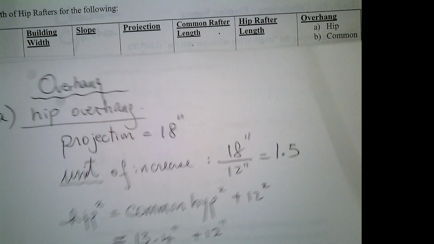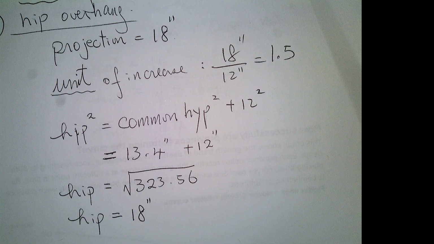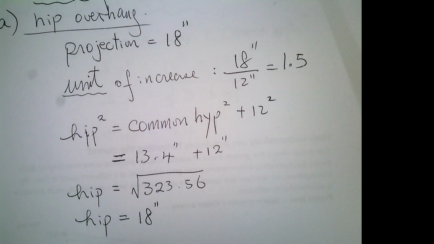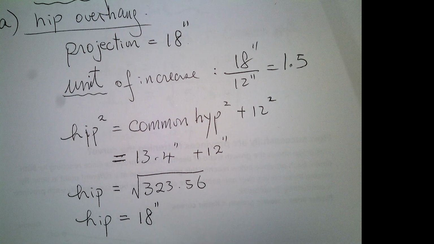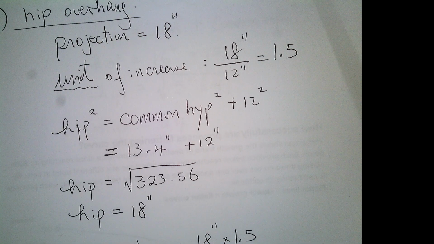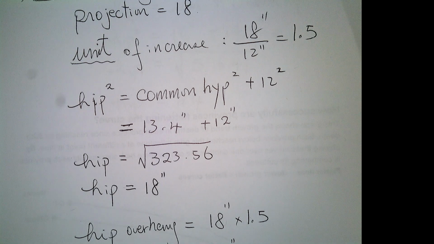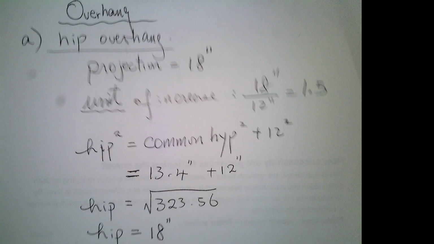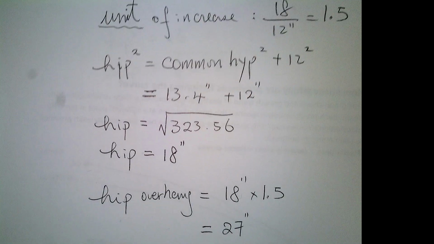Take the square root of that. Then the hip overhang is equal to 18 inches times the proportion unit, and that's going to give us 27 inches. So the hip overhang is 27 inches.